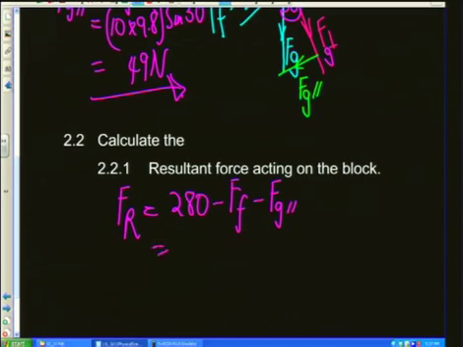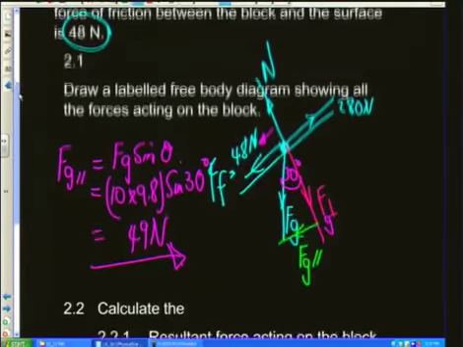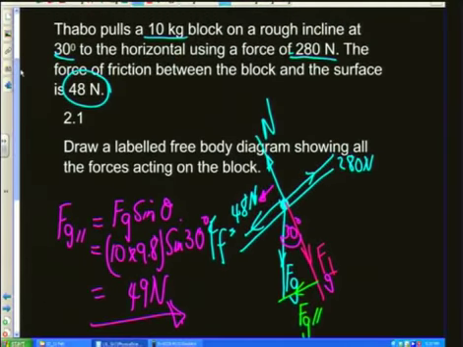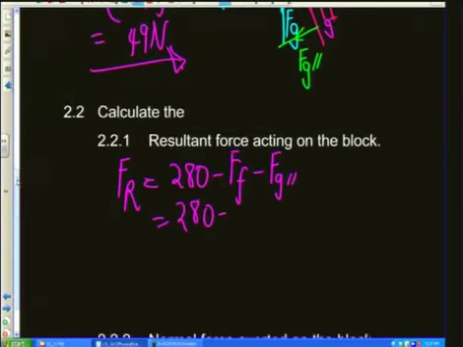So that will give you 280 minus the frictional force, which is given to us as 48, minus Fg parallel, which we've just worked out to be 49.